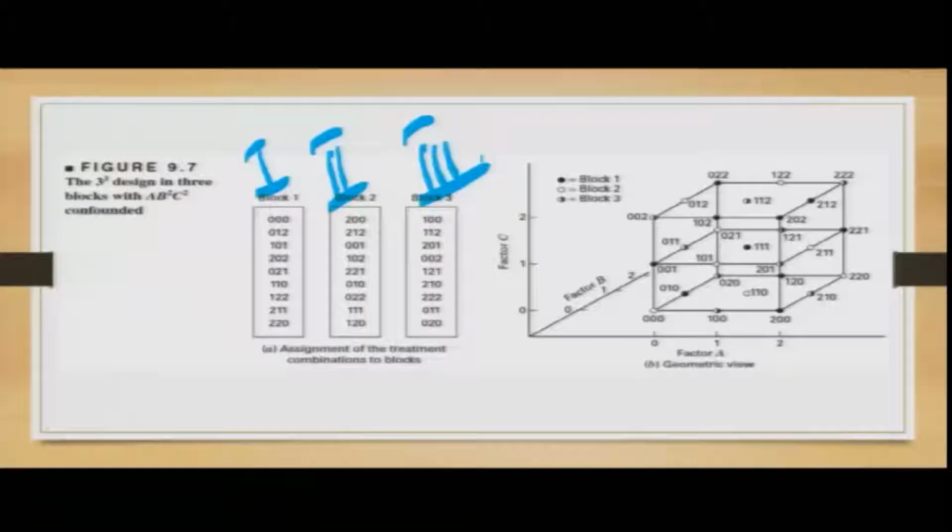So, the block combinations would be, if you denote block 1 as 000, 012, 101, 202, 021, 110, 122, 211, 220. These blocks I will mark: this, this, this, this, this, this, this, this.